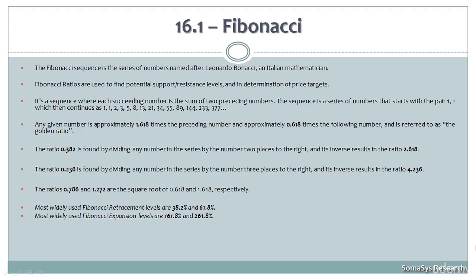Now given all the ratios, the most widely used Fibonacci retracement levels are 38.2% and 61.8%. And the most widely used Fibonacci expansion levels are 161.8% and 261.8%.